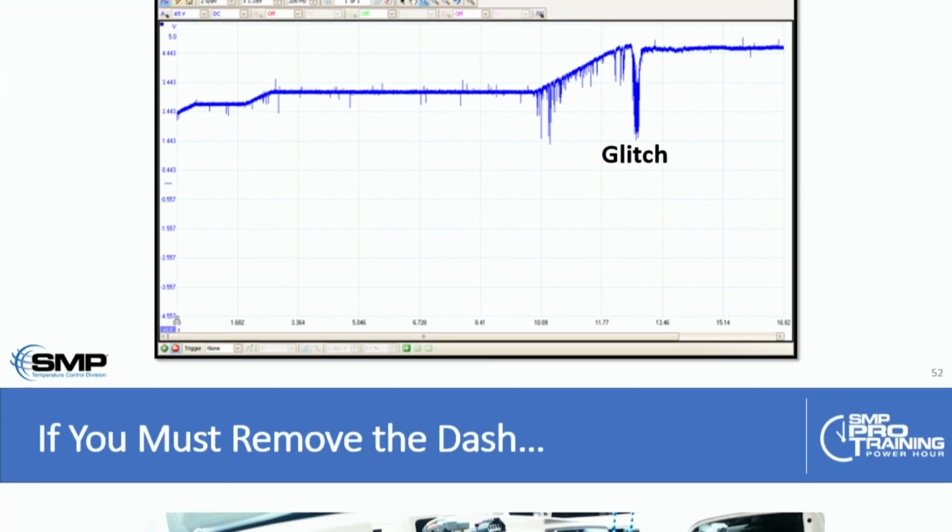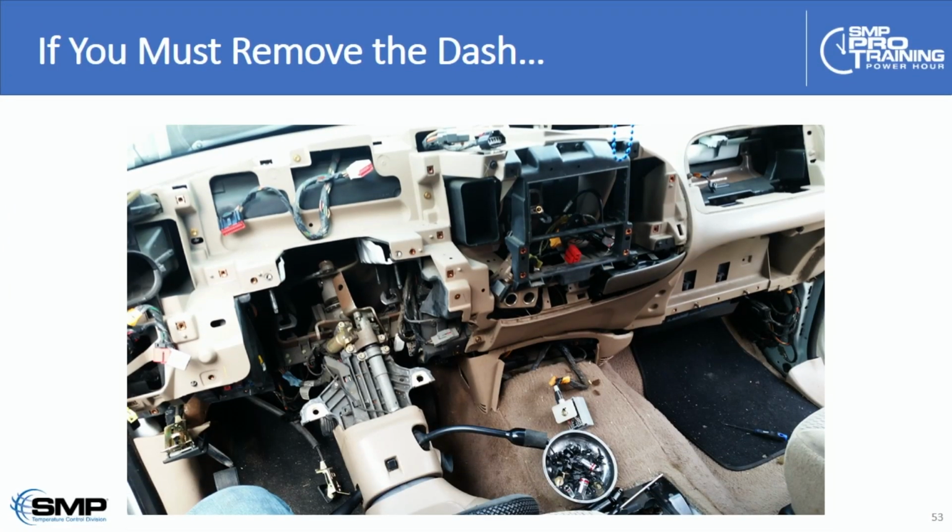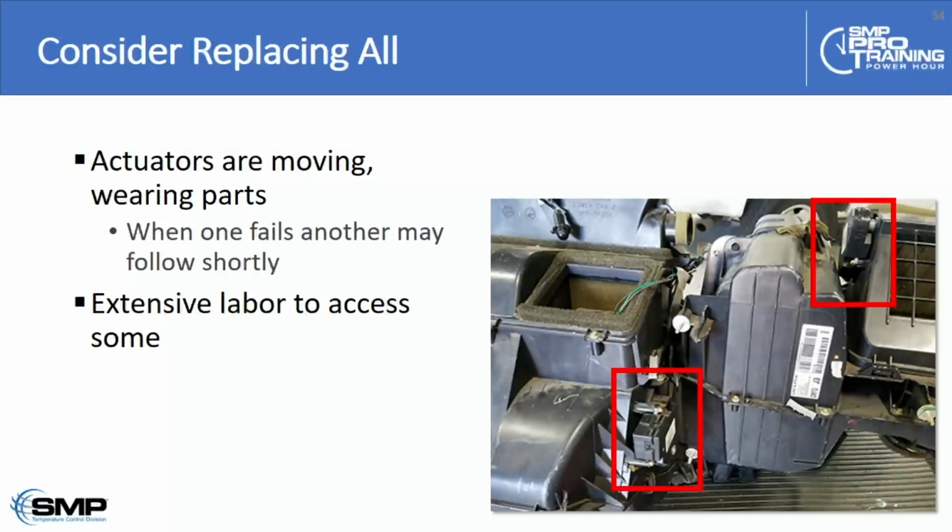So if you have to remove the dash to replace an actuator, I suggest you review, or at least contemplate, whether, if another actuator were to fail, you would have to take the dash out again. For a lot of popular vehicles, for example, we have kits.